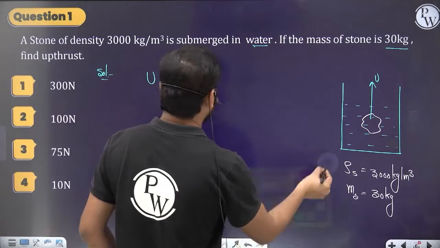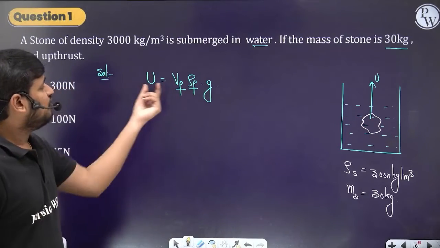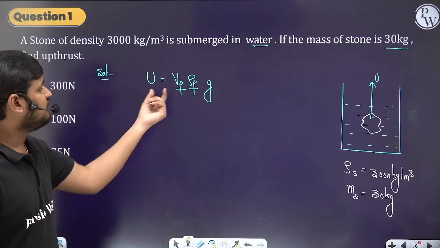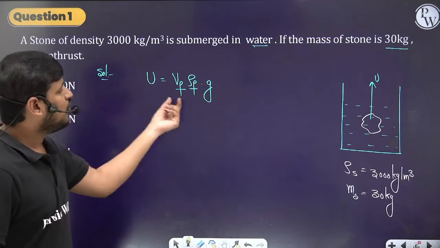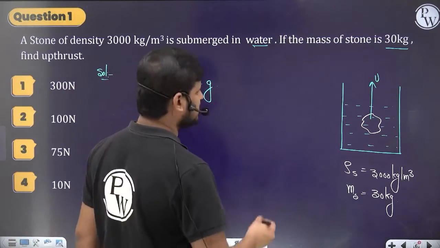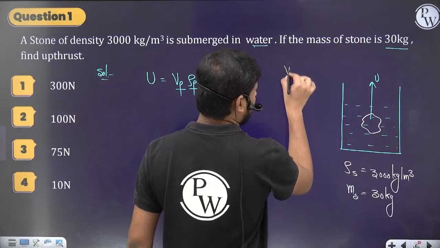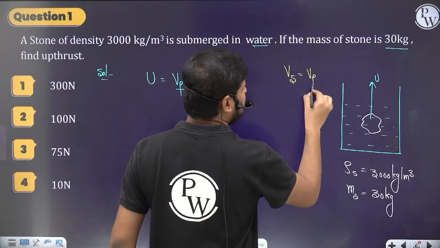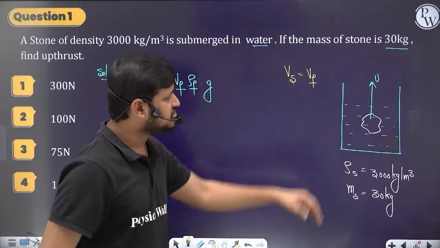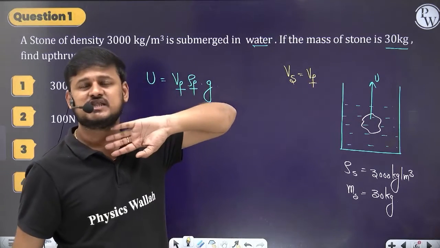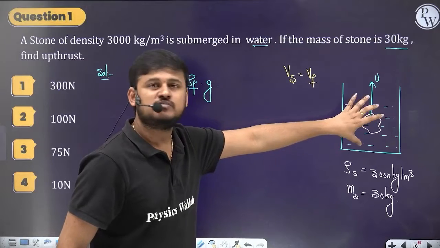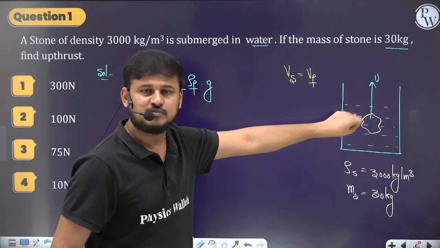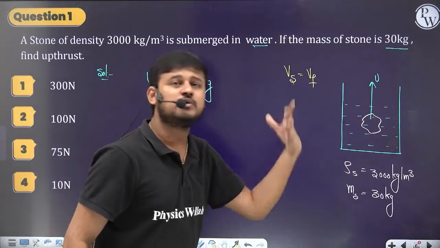Now shall I say that Vf, the volume of the fluid displaced, is equal to the volume of the stone in this particular case? Because it is completely immersed, whatever the volume of the fluid displaced will be equal to the volume of the stone.